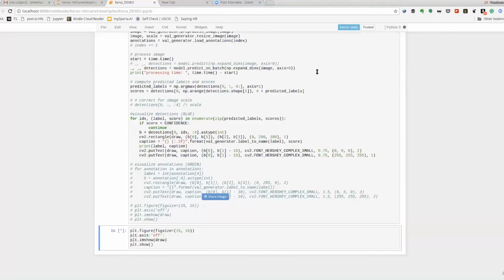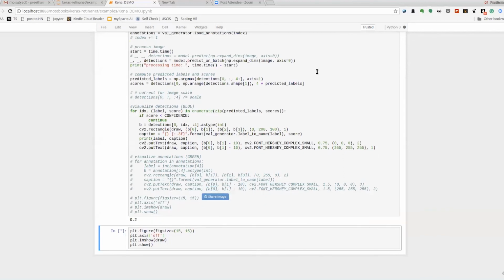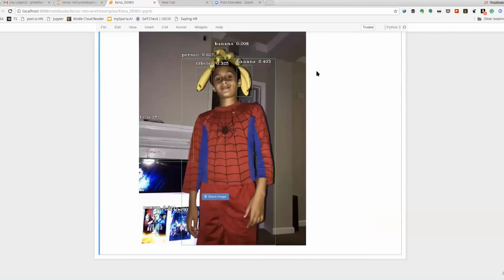He came up with this idea in 2017, by the way. He doesn't look like that. He's not very proud of this picture. This is what he did. The funny thing about this is it thinks most of this is a banana, except that one part of the banana is a frisbee.